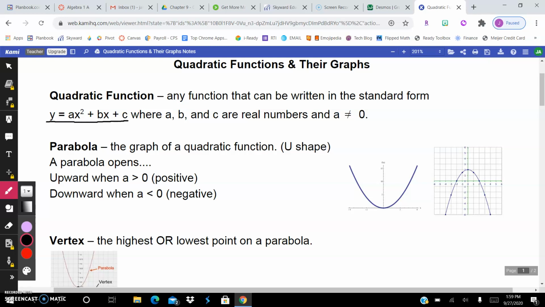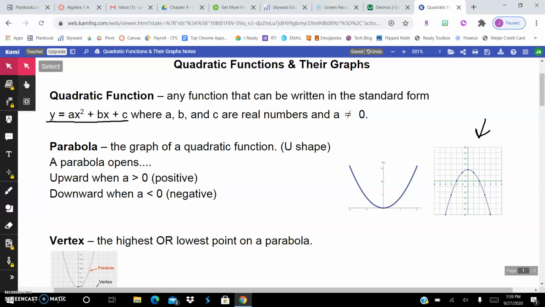So that coefficient in front of x squared is positive. Then you know that your graph is going to open up and actually look more like a U. If that number is negative, like a negative 5x squared, then you know it's going to open down and it's going to look more like this one right here. Okay, so that's how you tell the difference of which way they open.